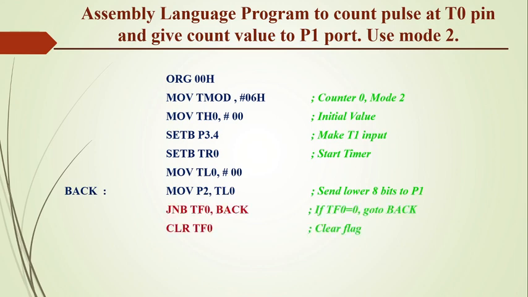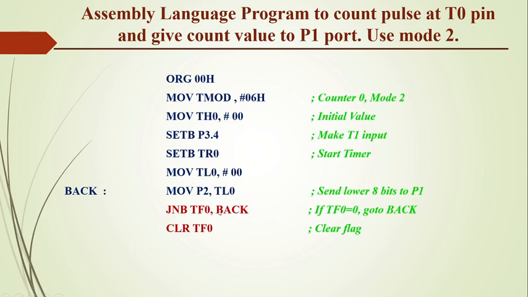Now MOV P2, TL0. Here we are reading the count, the value available in the TL0 register, onto port 2. Using the instruction JNB TF0, back, we are monitoring the TF flag, and if this flag is 0, go to back.